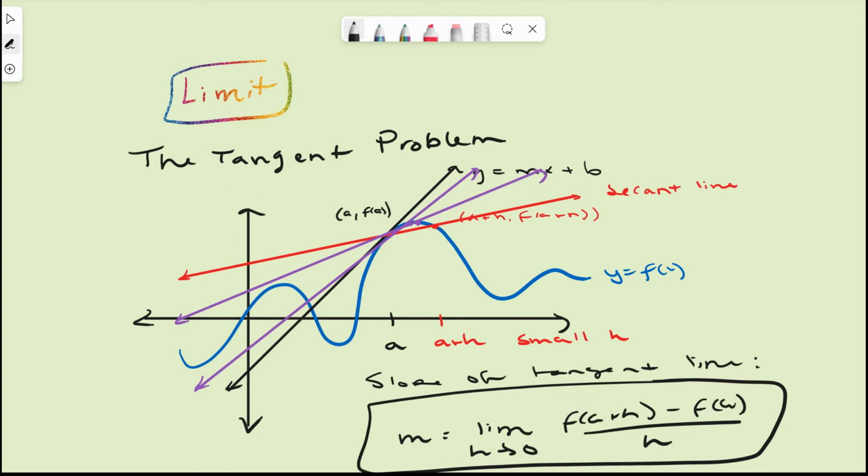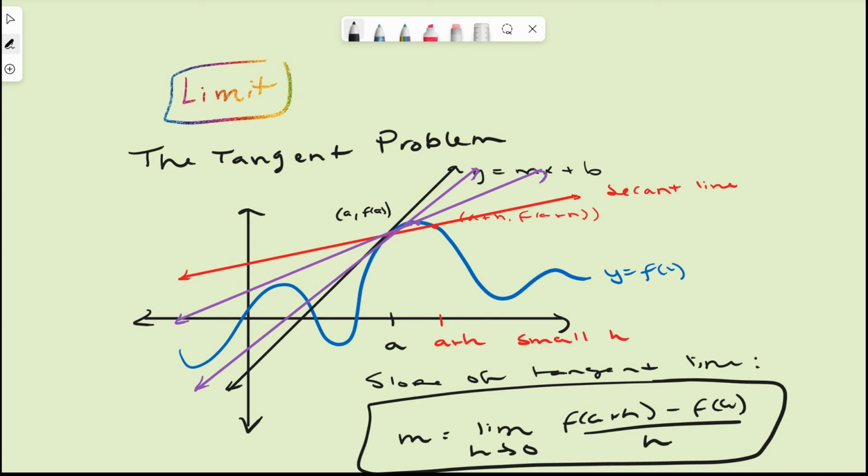So the slope of the tangent line is just the limit as h goes to 0 of f of a plus h minus f of a over h. This tangent problem is really important because it gives us the limit definition of the derivative. We can take this formula for m and let a be any real number, so replace a with x.